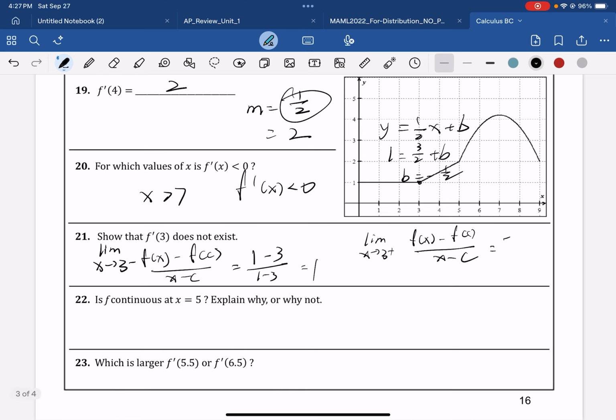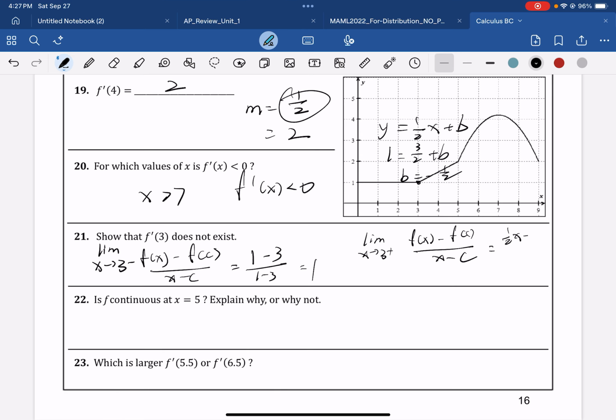So we have half of x minus a half, minus f of c, which is 1, over x minus 3, where c is 3.